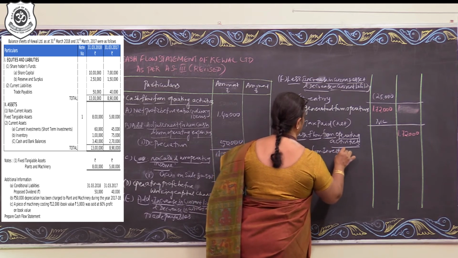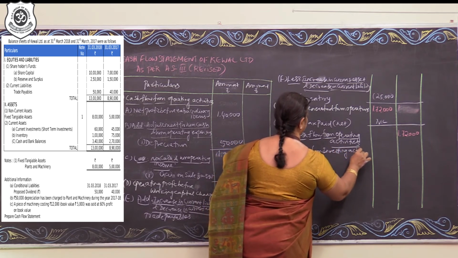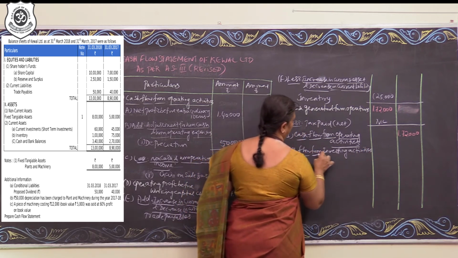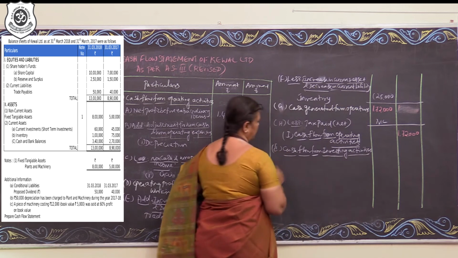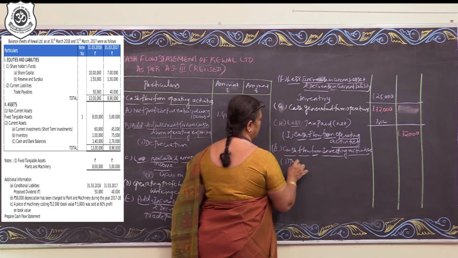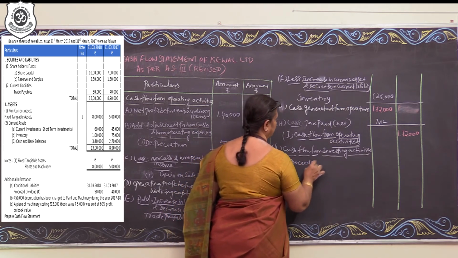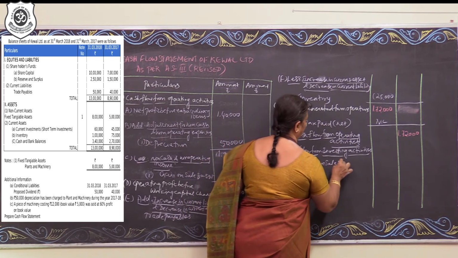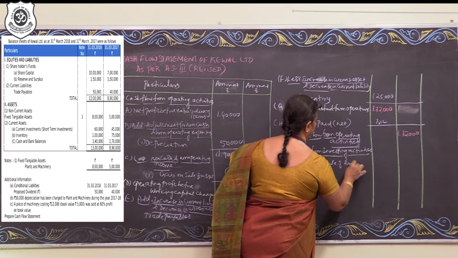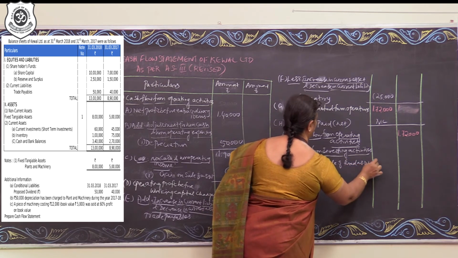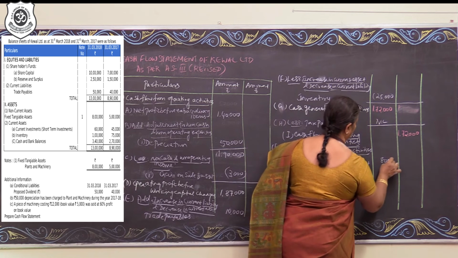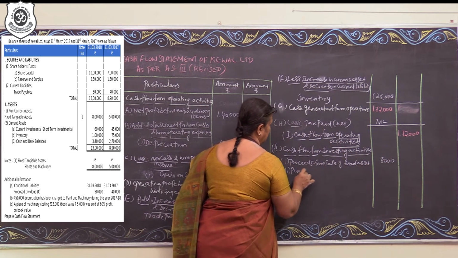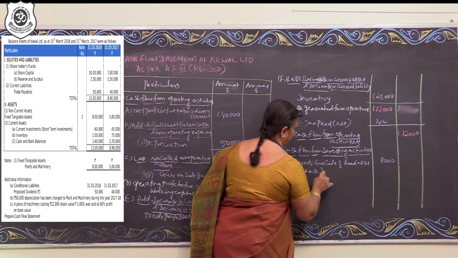Now going to step number 2, cash flow from investing activities. Number 1, proceeds from sale of fixed asset. We got 8,000 rupees. Number 2, purchase of fixed asset.